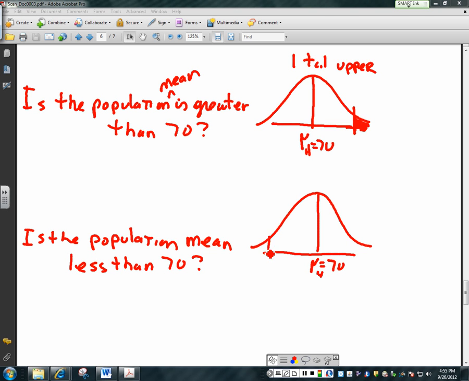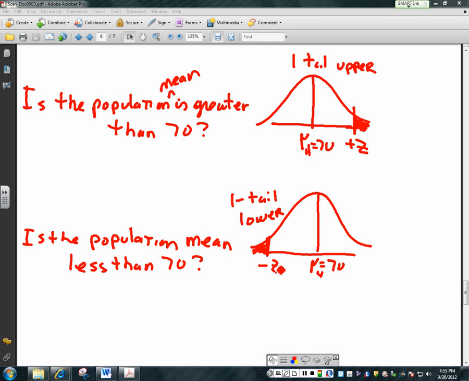Now we want to know if it's less than 70. So we're down here, but it's still one tail, but it's on the lower side of the distribution. That means that if we're talking about a z-test, this would be plus z, and that would be a minus z, because we're some z standard deviations below the mean.